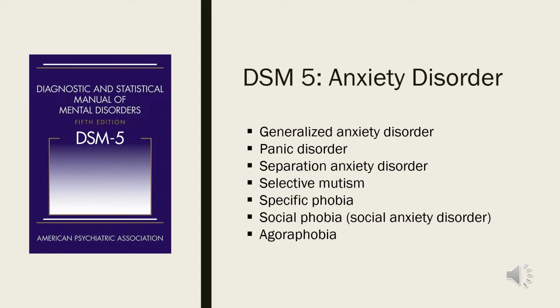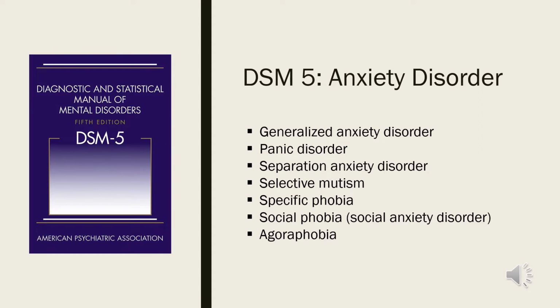These are the list of conditions that are included in DSM-5 under anxiety disorders. As you may know, OCD and PTSD are no longer included in anxiety disorder categories because now they have separate categories as obsessive compulsive and related disorders and trauma and stressor related disorders.